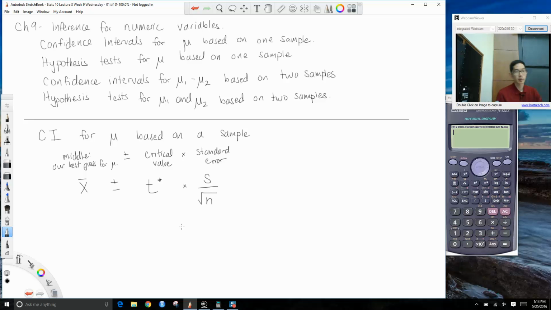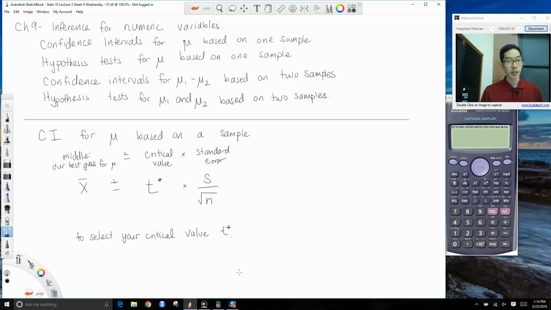To select your critical value t star, you will look at the t-distribution table.